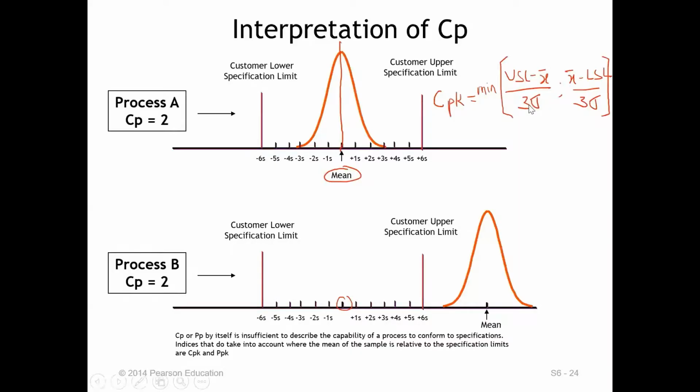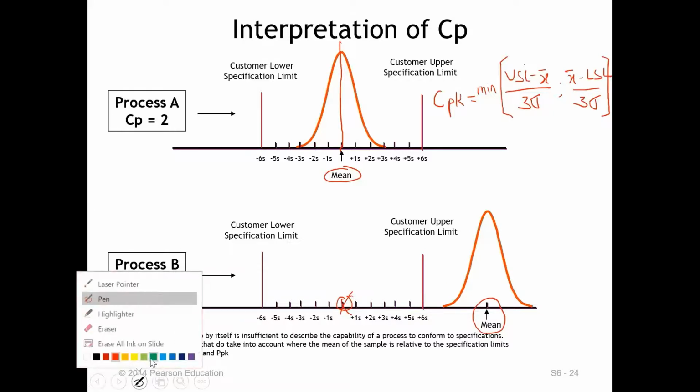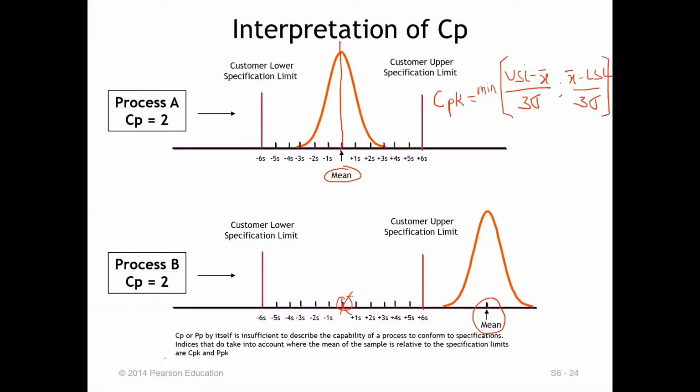So in the first picture, the mean of the process is at the center of the specification. In the subsequent process, the mean of the process is offset and beyond the spec limits. So we take the example of the second case. Maybe let me change the color. We take for example the upper spec limit minus x bar. X bar is the mean of the process.